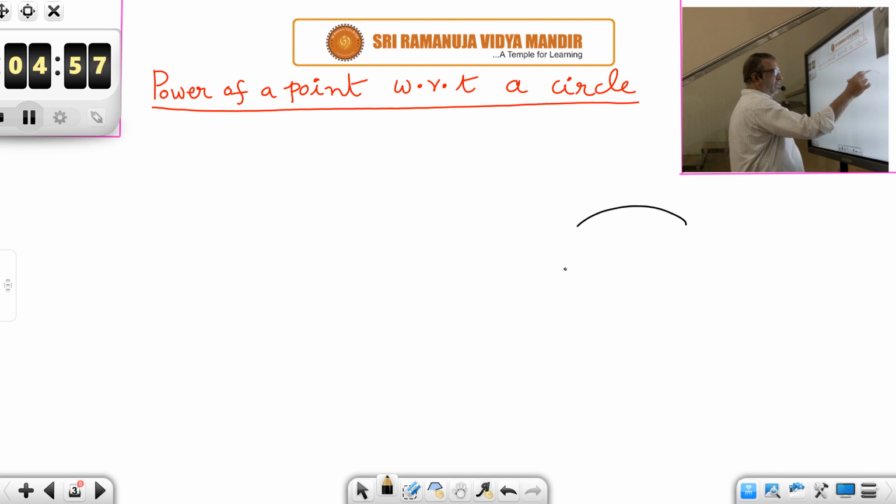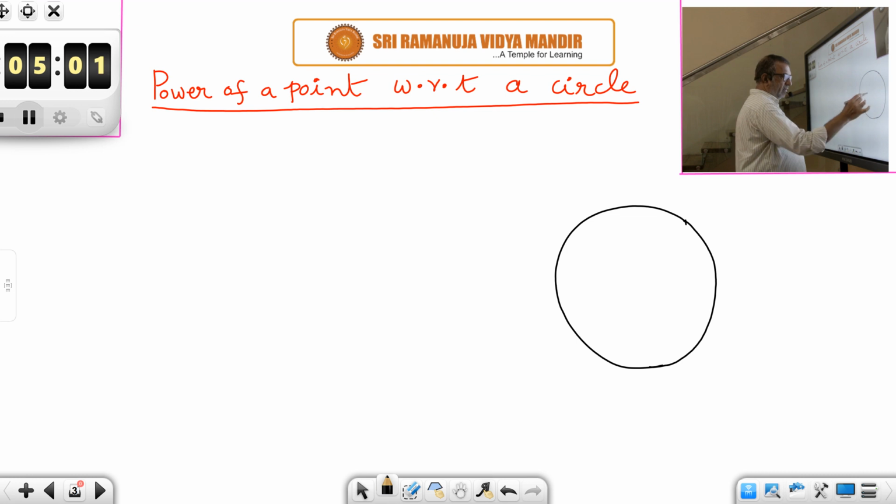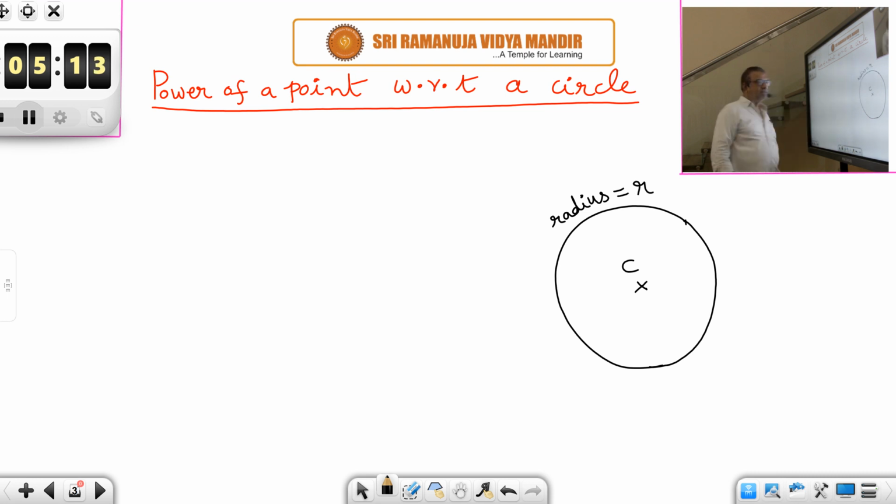Suppose this is a circle. Suppose its center is C and radius is R. C is the center and R is the radius of a given circle. And a point P. I'll write a capital letter, since it looks like a small letter.